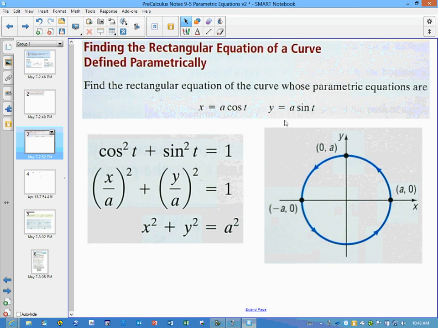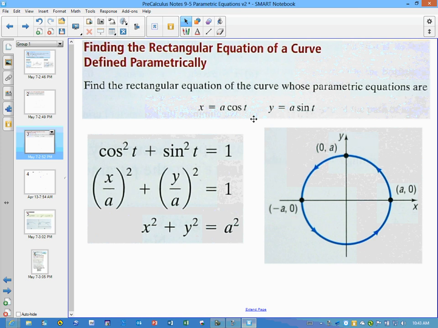Barring that, if you didn't recognize the role of the t, you could always just plot a few points with t being a larger number, increasing your t to see which way you move along the curve. Notice how your rectangular equation does not give you that information. You have to go back to the parametric equations to get that orientation.